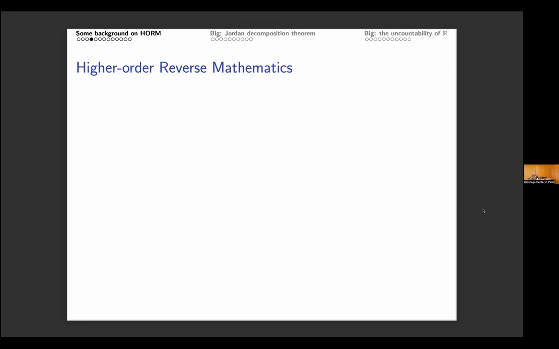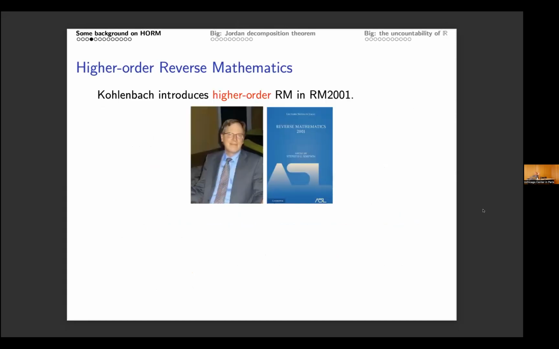So higher order reverse math, voila, which means lo and behold in French. Ulrich Kohlenbach wrote a paper on that in Reverse Math 2001. So what's the idea? As you know, second order reverse math only has variables for the natural numbers and sets of natural numbers.